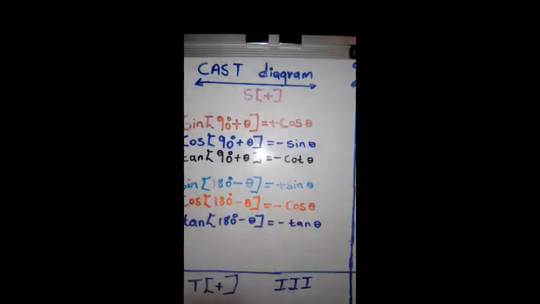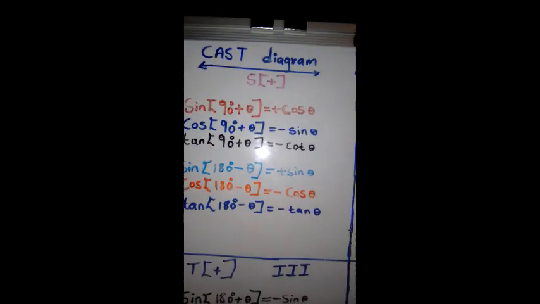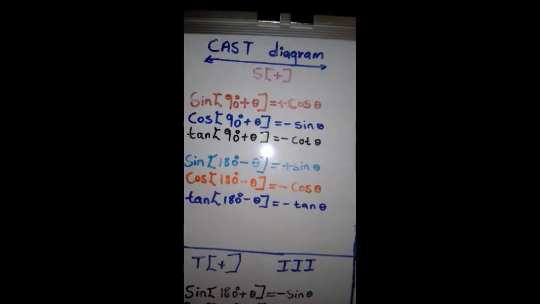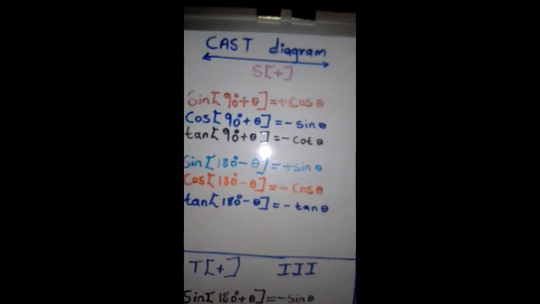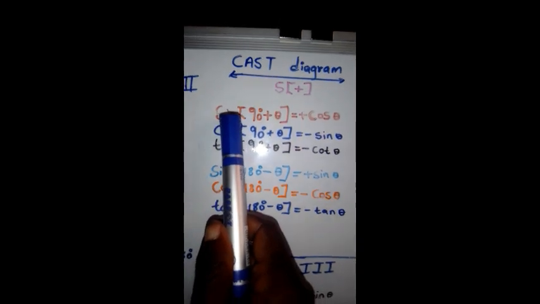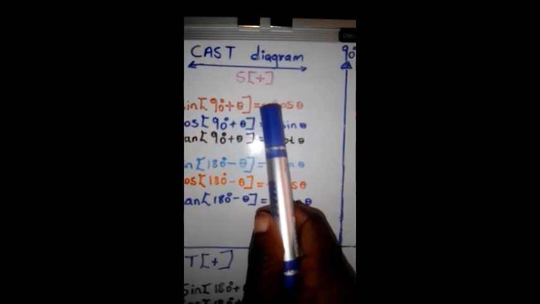Now let's go to the second quadrant. Here only sine is positive, as the S is the abbreviation for sine. Only sine is positive, which means all the other trig ratios except sine are negative. Sine is positive on the first quadrant, that's why I wrote positive here.